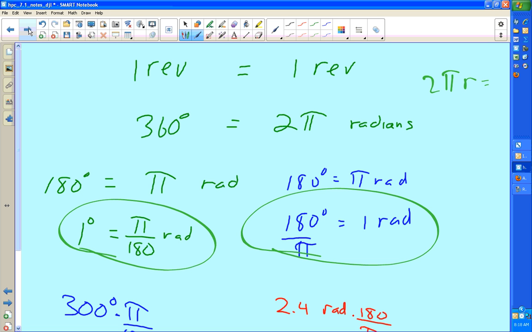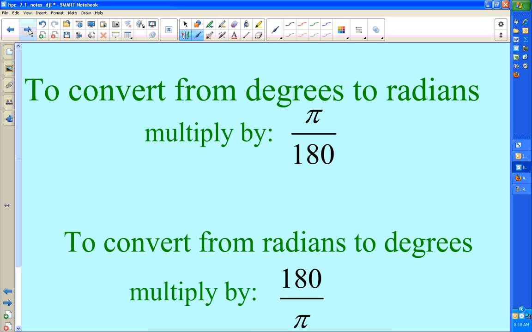Remember, 360 degrees and 2 pi are equivalent. You can always start with that and then solve for either 1 radian or 1 degree.